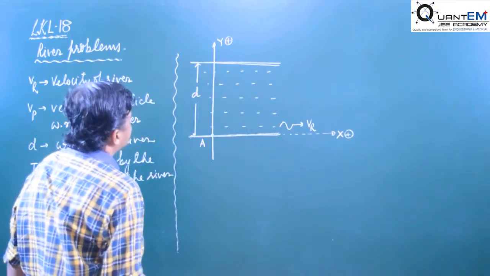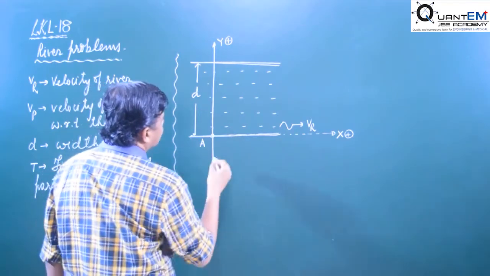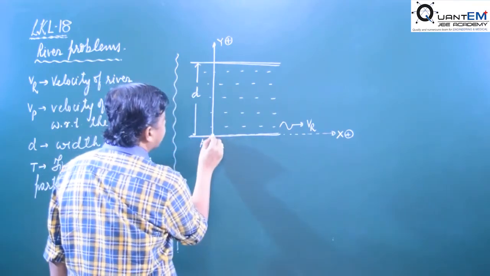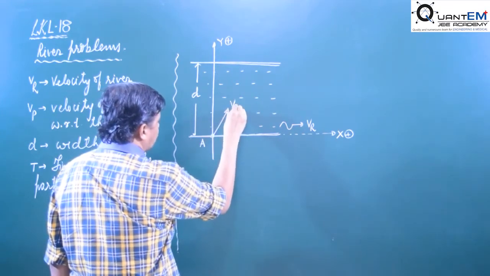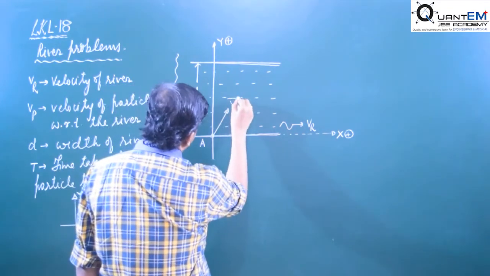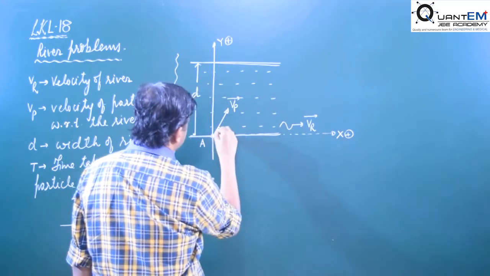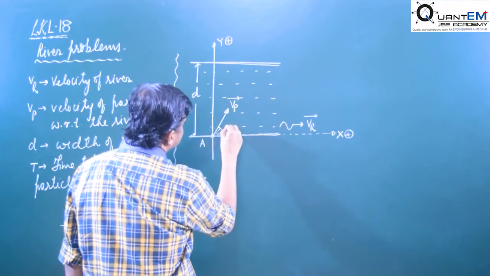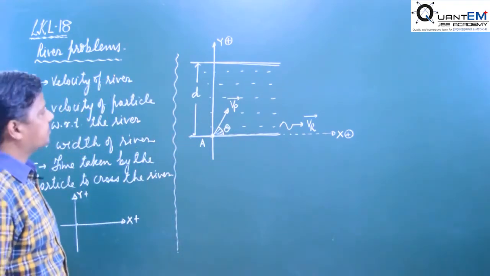Now we have to start from this point A, velocity of river, and this one is suppose velocity of particle with respect to the river, and angle between the velocity of river and the velocity of particle is suppose theta.